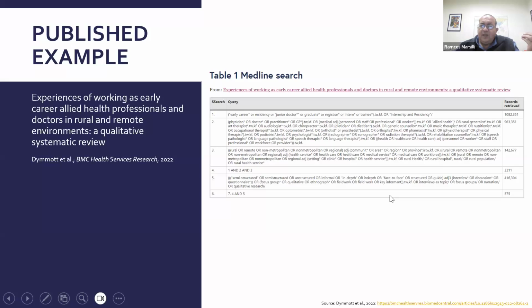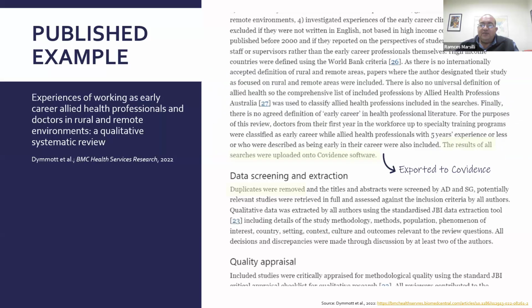Also, they showed, and once again, this is from an actual publication, one version of their search string for Medline. So you can see all of that. It usually goes into the appendixes of the paper once it is published. And also they talked about where the results were loaded into and where they were screened.